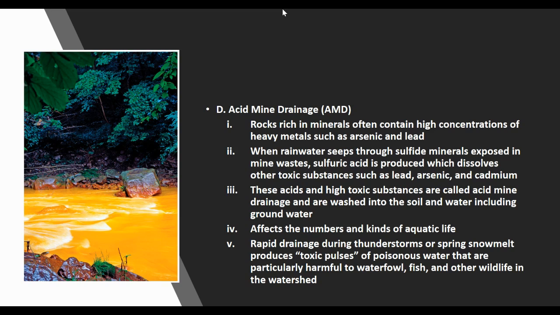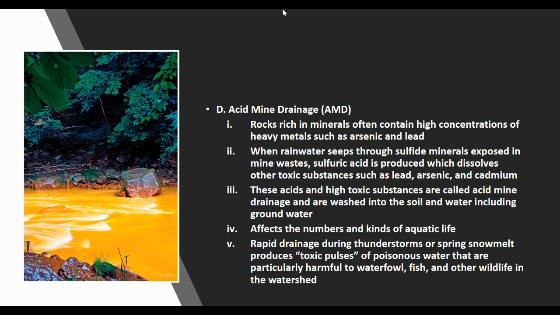Sulfuric acid, we know, is then going to be produced as a result of that sulfur reacting with water, and it can potentially dissolve other toxic substances like lead, arsenic, and cadmium. So those acids mixed with those highly toxic substances is what creates acid mine drainage, and the mixture of that can be washed into soil as well as water.